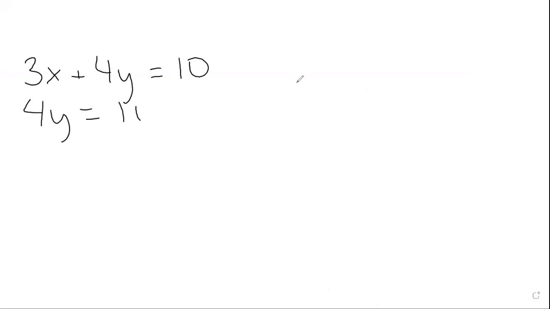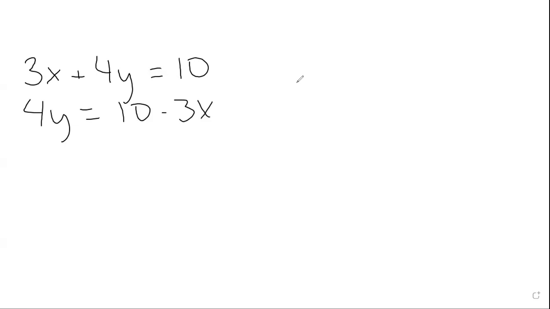So if we look back here, we had 3x plus 4y equals 10. To solve this one for y, we can move the 3x over to get 4y equals 10 minus 3x.